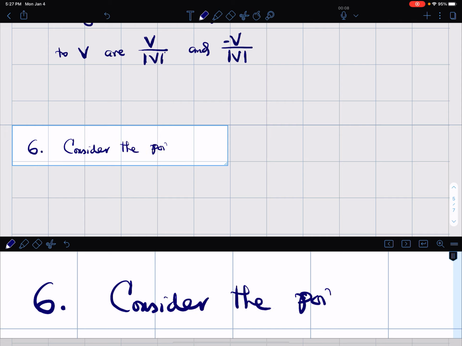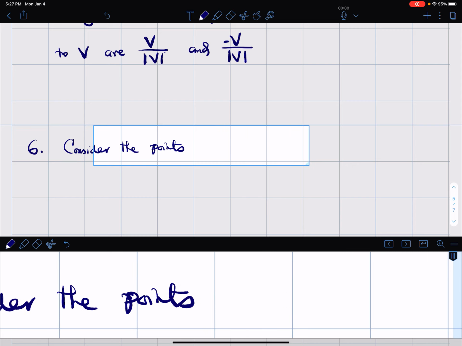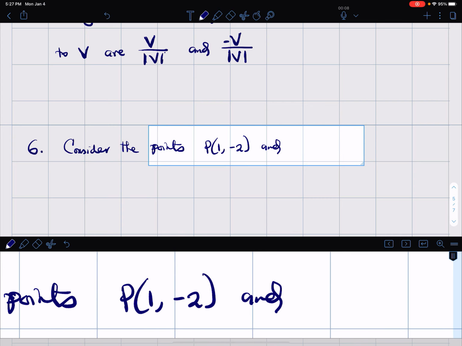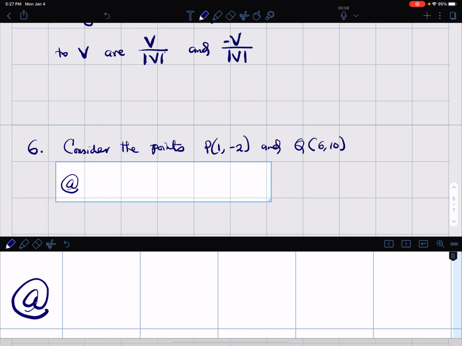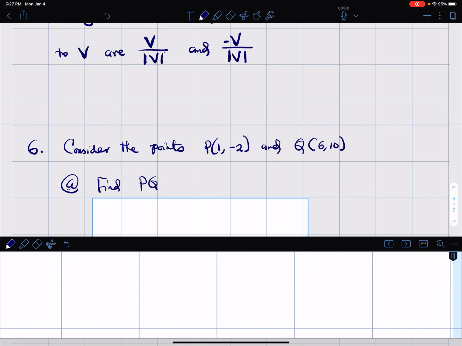Consider the points P (1, -2) and Q (6, 10). We want to find PQ.